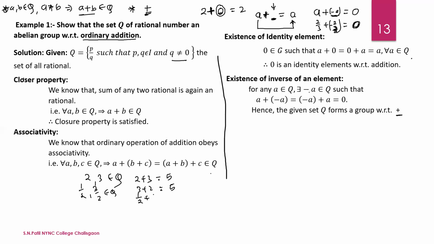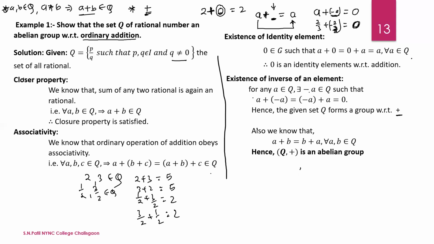See, 1 by 2 plus 3 by 2 is equal to 1 plus 3 is 4, 4 upon 2, that is 2, same as 3 by 2 plus 1 by 2 is equal to 2. Okay, A plus B is same as B plus A for every element in the set of rational numbers. Hence Q plus is an abelian group.